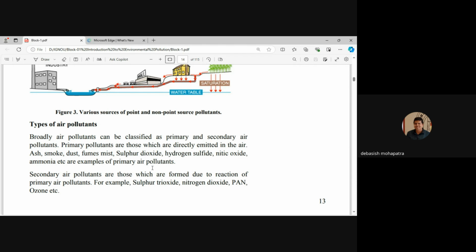This is called a non-point source. And if that pesticide also seeps down to the groundwater, it will pollute the groundwater. We did not directly add these pesticides and fertilizers to the groundwater or nearby water bodies, but they got polluted accidentally. So we call them non-point source.